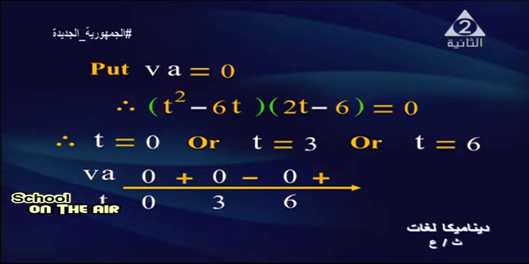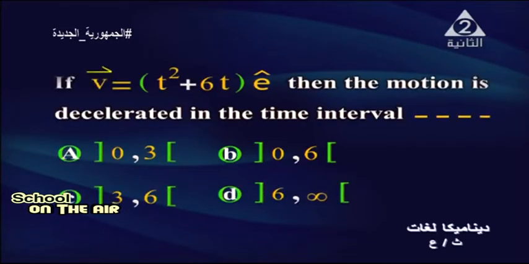In the open interval 3 and 6, va is negative, and in the open interval 6 and infinity, va is positive. Then the motion is decelerated in the open time interval 3 and 6.